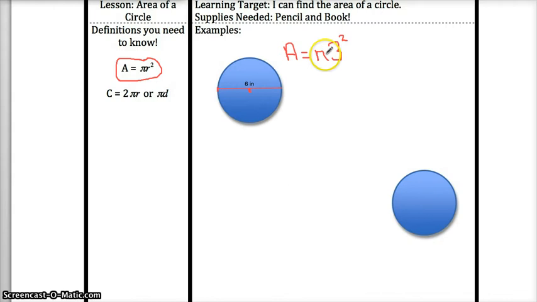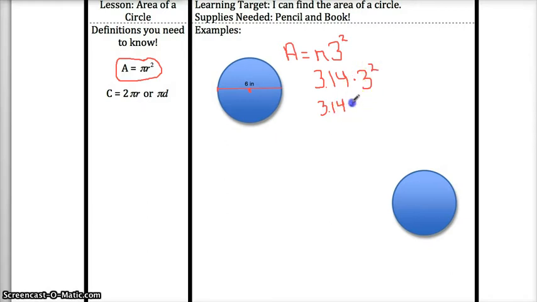Okay, so I've got 3.14 that I can use for pi. And I apologize, I don't have my normal keyboard to write this on, so my numbers are a little sloppy. 3.14 times 3 squared. Okay, and 3 squared is 9, because it's 3 times 3, not 3 times 2.